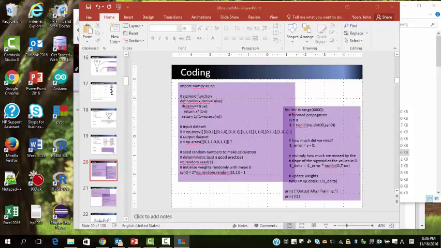You need to first import numpy, the module that handles numbers. We make it np for simplicity.